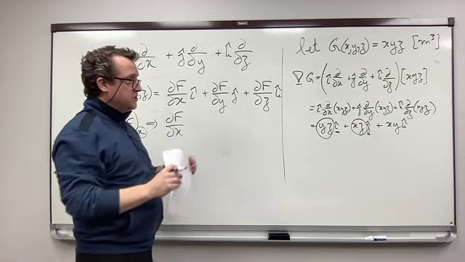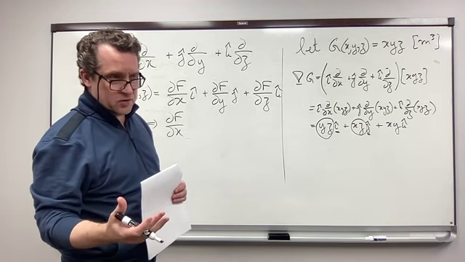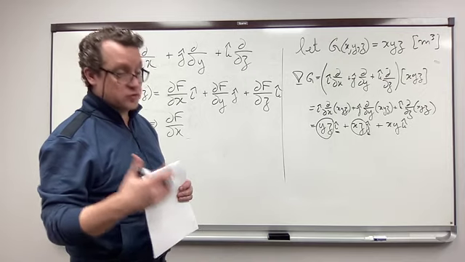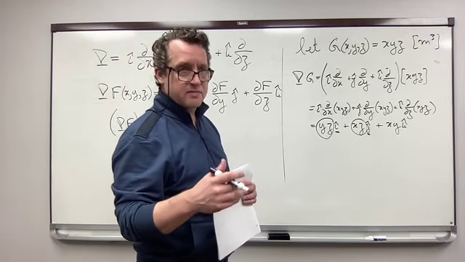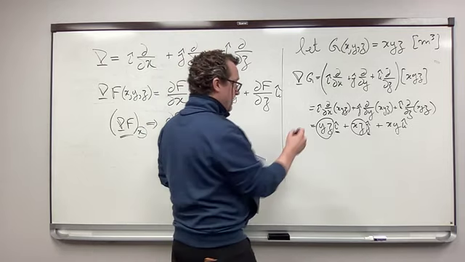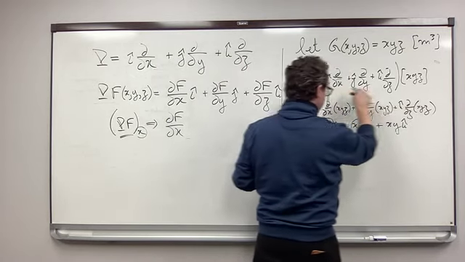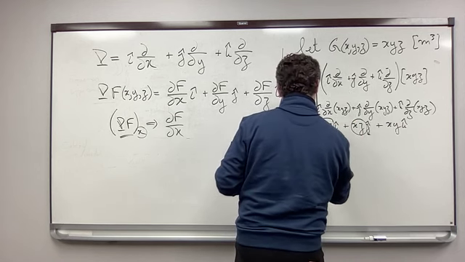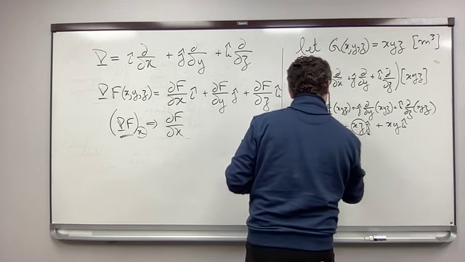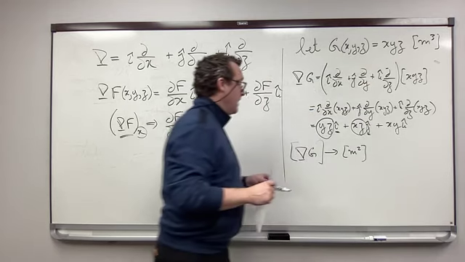So the function g has units meters cubed. So the slope of g with respect to distance, or the derivative of g, no matter what direction you take it in, needs to have units of meters squared. Because really, these derivatives are almost like dividing by a meter. So you've got meter cubed and 1 over meter. So in the end, the gradient should have units of meters squared. Okay? And of course it does.